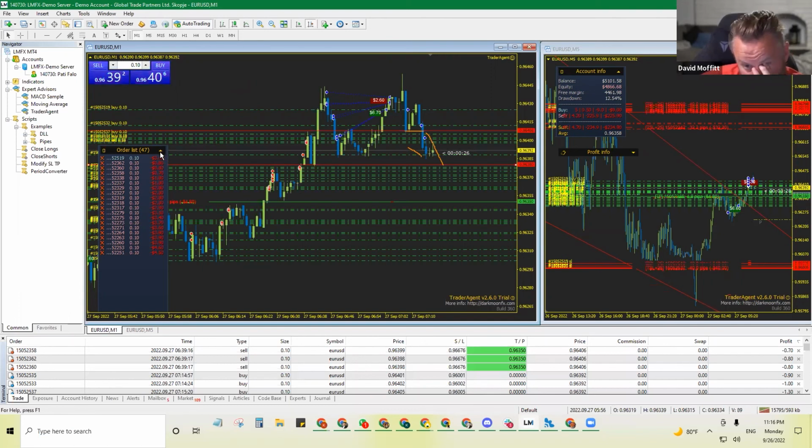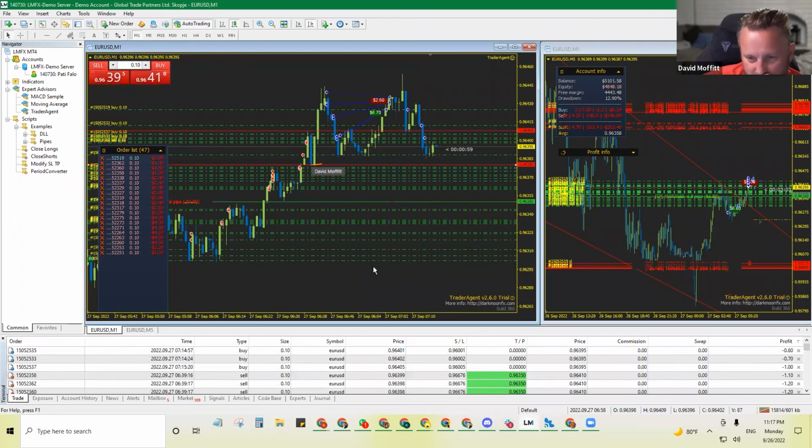I still think these are definitely doable, and this right here is still definitely doable, but I want to put in buys along the way. So start buying along the way. If we get it to break below this red line right here, then there's a super high probability that it'll go down. Yeah.